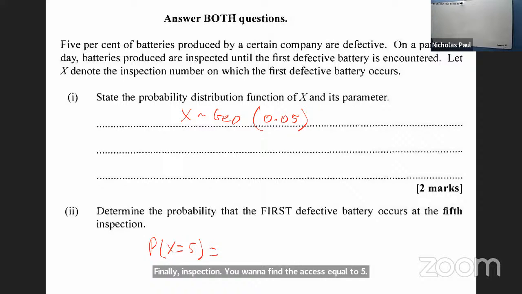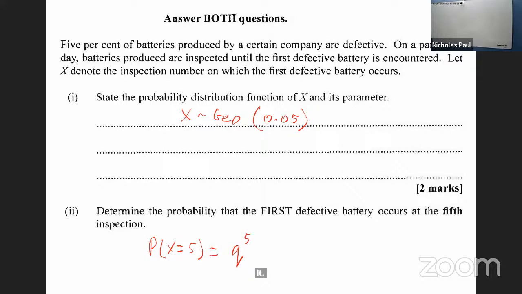So the formula for X equal to 5 is what? Q to the 5 minus 1, times P. So Q is what? I didn't work out Q. Q is 0.95.